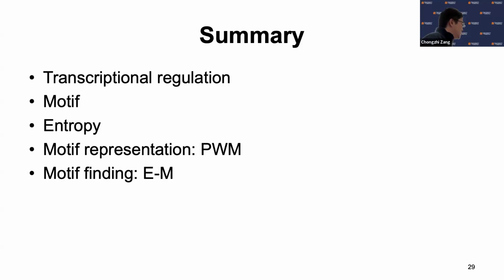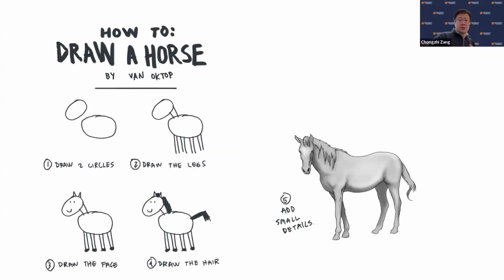I briefly mentioned the concept of entropy, information entropy, as an important concept in computational biology, modern biochemistry and biophysics. And for motif finding, I gave you one example of using the EM algorithm to calculate motifs. Okay, that's all I wanted to discuss for today.